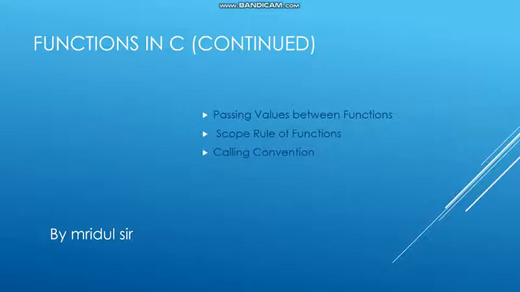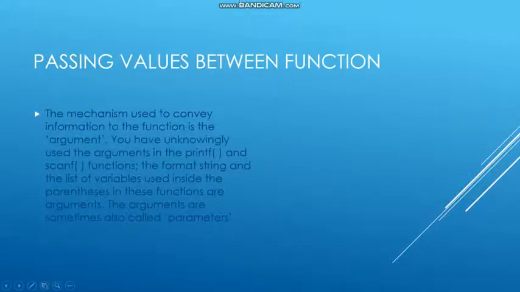The mechanism used to convey information to the function is the argument, which I have conveyed to you. You have unknowingly used arguments in the printf and scanf functions. You must have used them till now, right? Printf, scanf.